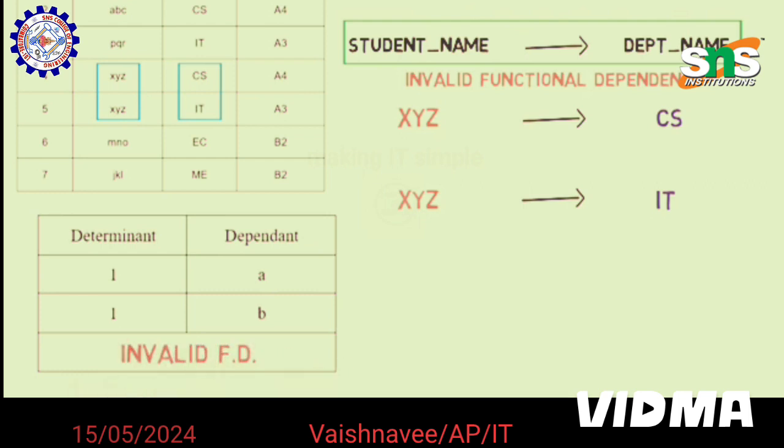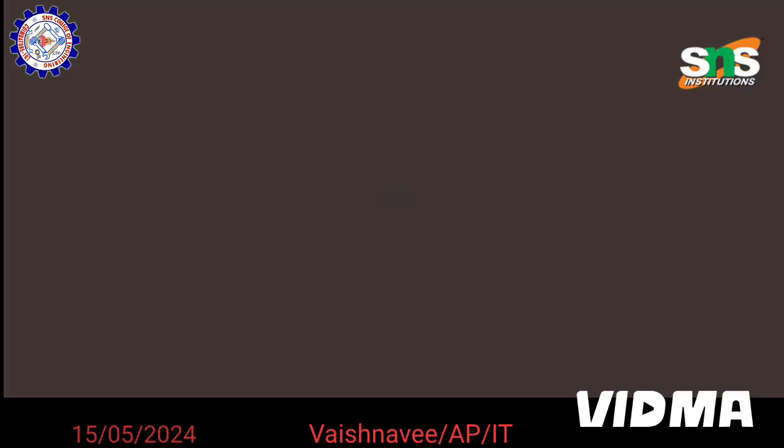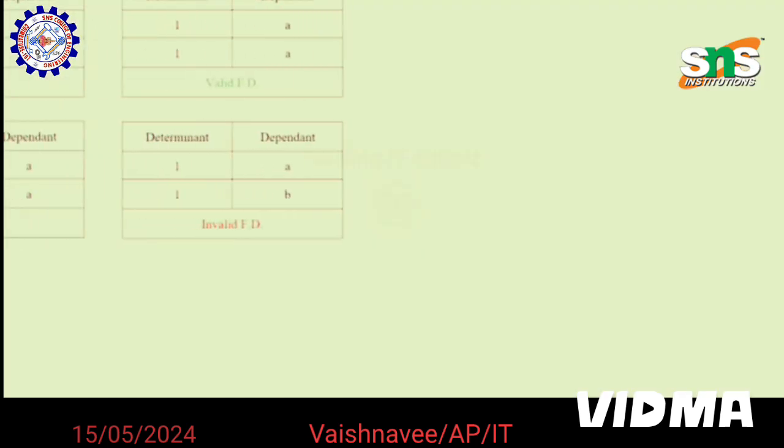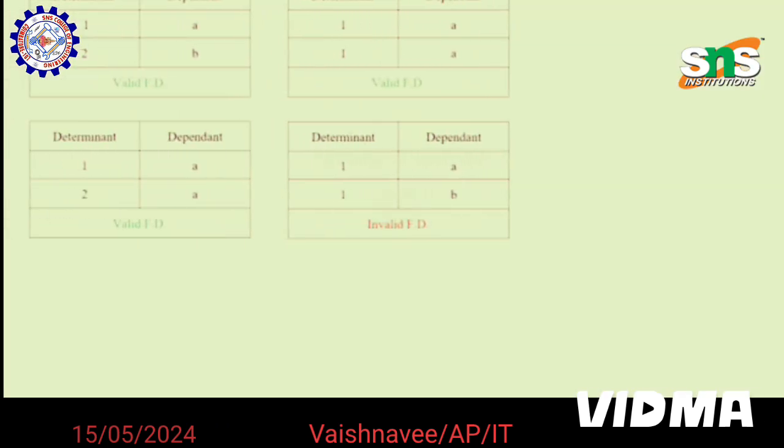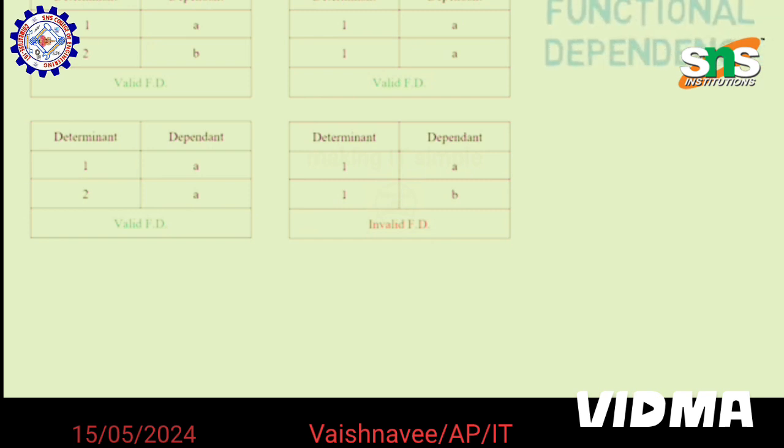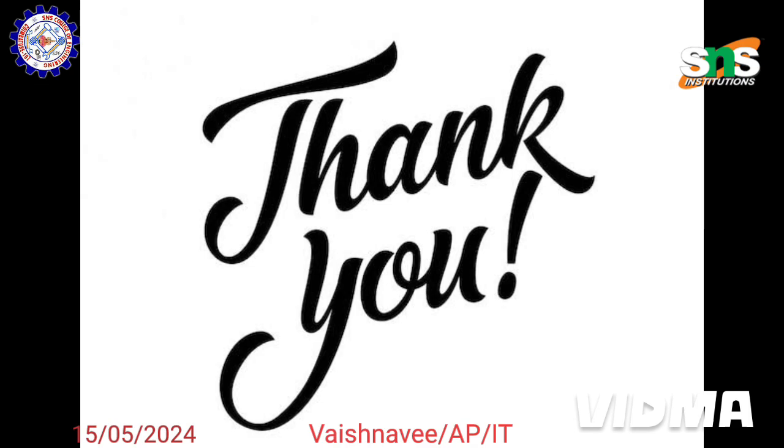One will be the CS department and the other will be the IT department. We cannot uniquely identify the department name just by using student name. Therefore, is this functional dependency valid or invalid? In a case where there are two same determinants and they have different corresponding dependents, such a case is an invalid functional dependency.